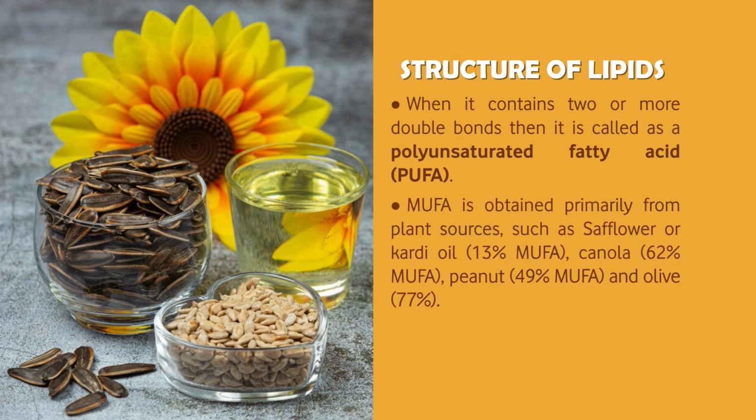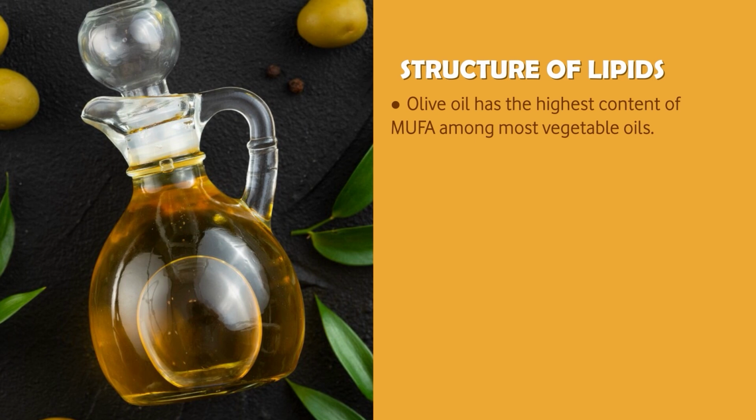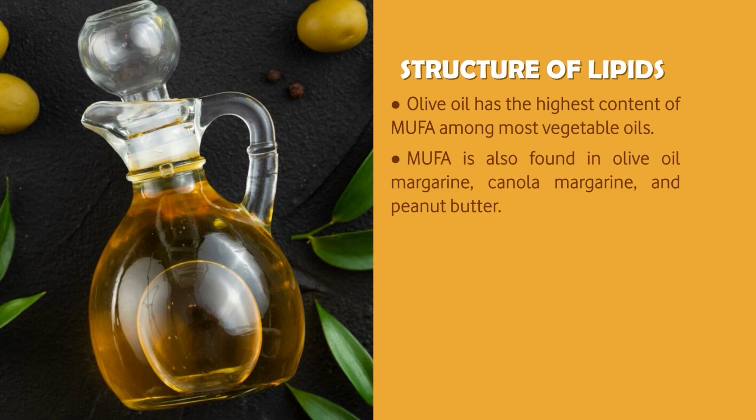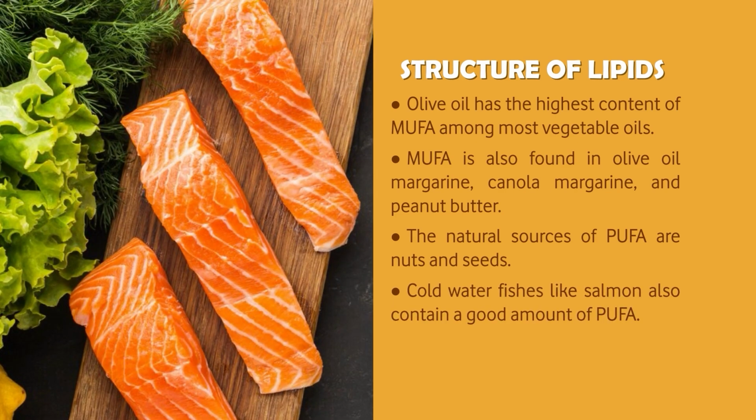MUFA is obtained primarily from plant sources such as safflower oil, canola oil, peanut oil and olive oil. Olive oil has the highest content of MUFA among most vegetable oils. MUFA is also found in margarine, canola margarine and peanut butter. The natural sources of PUFA are nuts and seeds. Cold water fishes like salmon also contain a good amount of PUFA.